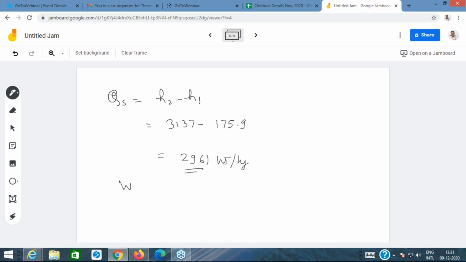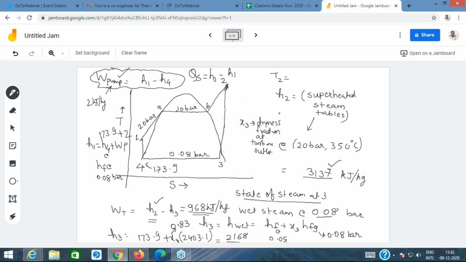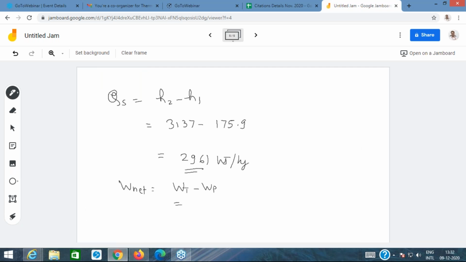And how much is the net work? Net work is turbine work minus pump work. Turbine work was 968, minus 2, so this is 966.